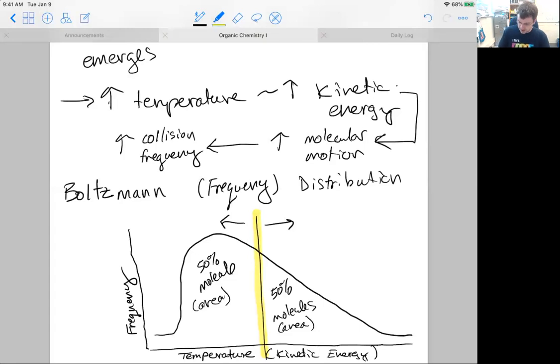So what does this yellow highlighted line represent then? This is the average. And it's the average temperature of our collection of molecules.